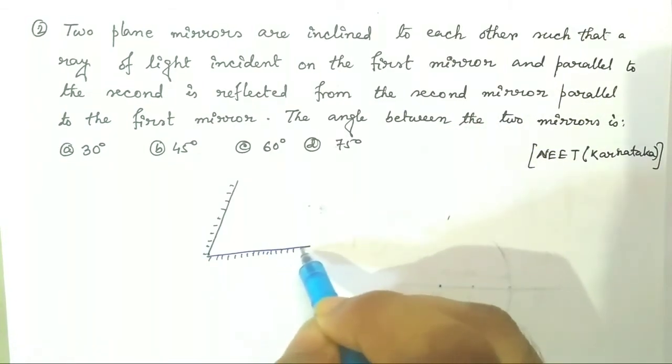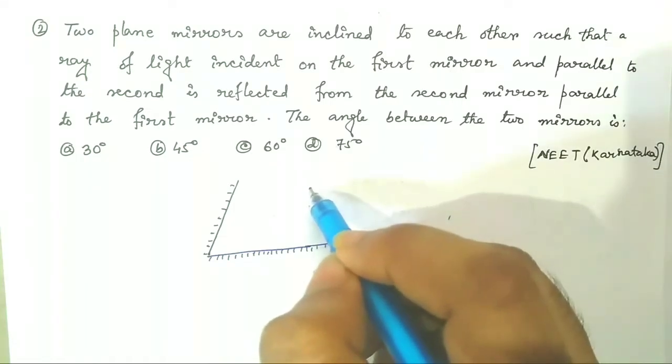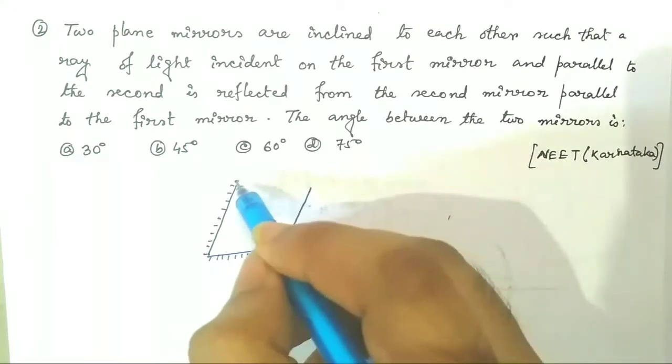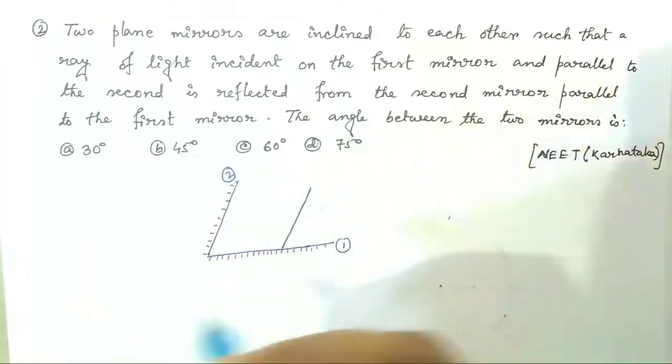Suppose these are my two plane mirrors. A ray PQ which is parallel to this plane mirror. Suppose this is my first mirror and this is the second mirror.